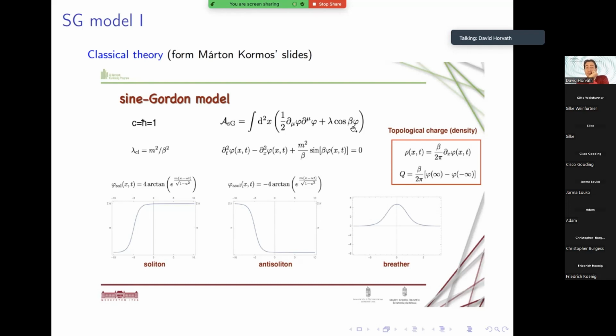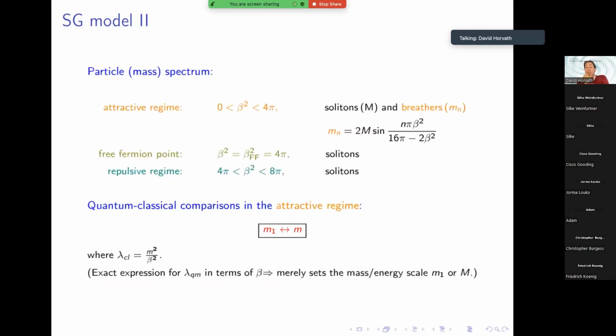An interesting thing is that in the classical theory, this beta parameter is quite innocent. Now if we go quantum, you can see that in the quantum regime it becomes very important, because based on the value of this beta parameter, your theory behaves in different ways. First of all, you can distinguish three different regimes of your quantum model, depending on the value of beta.